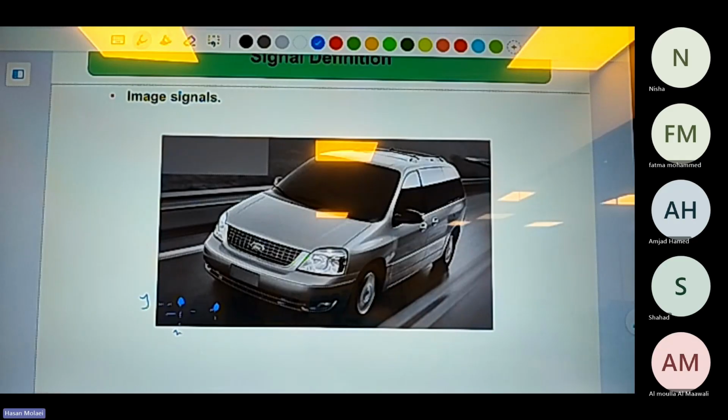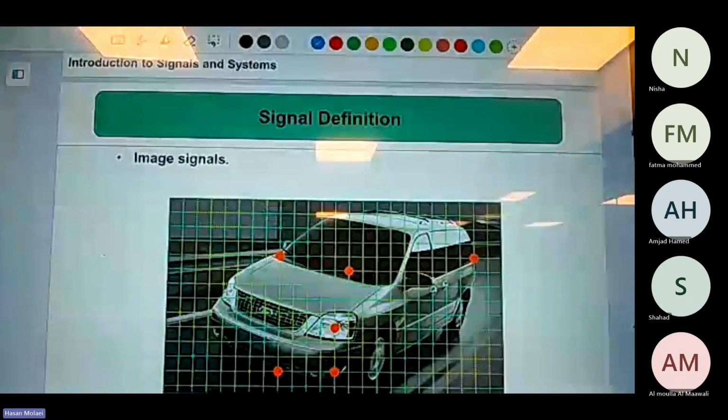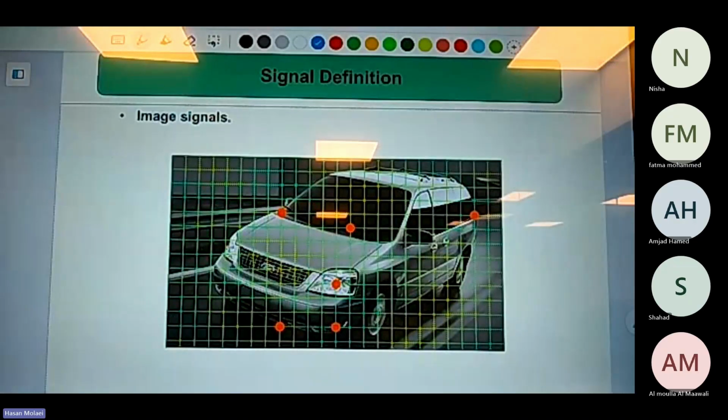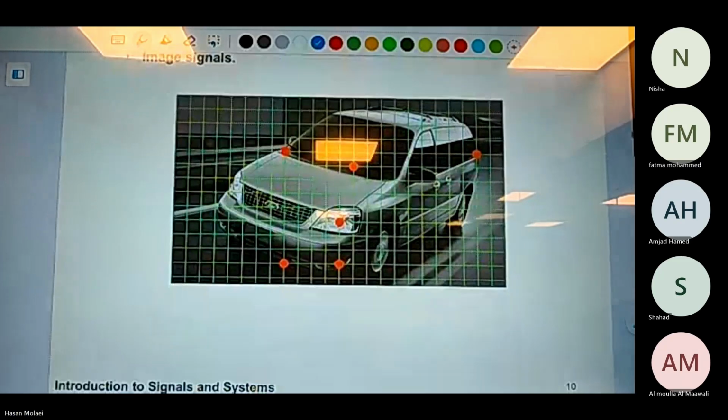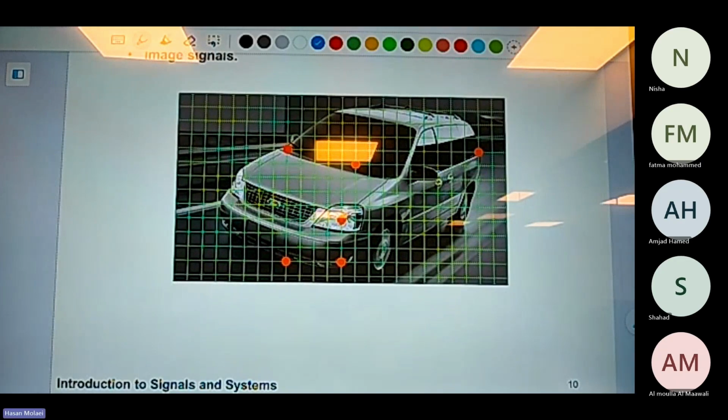So here we have two independent variables, and what is the output? The output, we will call it the intensity of the color, gray color for example, which is a value that depends on how we digitalize it.